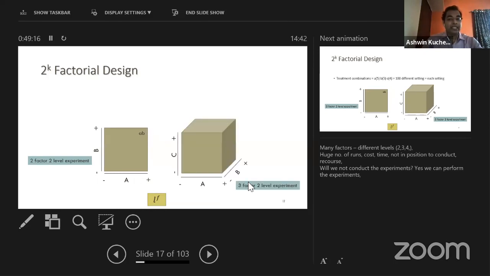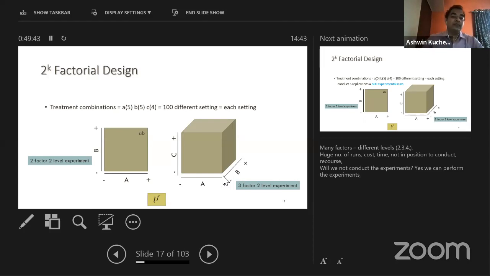But if you consider 2 levels with 3 factors, it will be A, B, and C, and you will get different treatment combinations. With respect to this, there will be a smaller number of runs. But if you consider 3 levels, I'm talking about 3 factors, because we will be focusing on the response surface methodology and central composite design, which are within the response surface methodology, where 3 factors are to be considered.